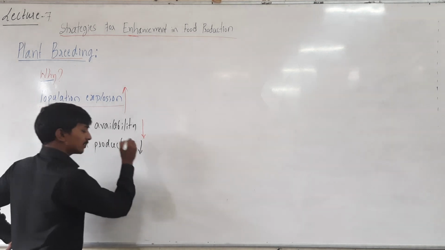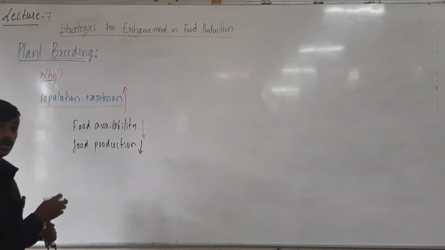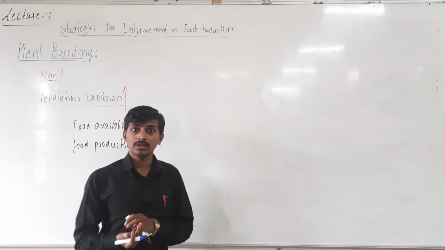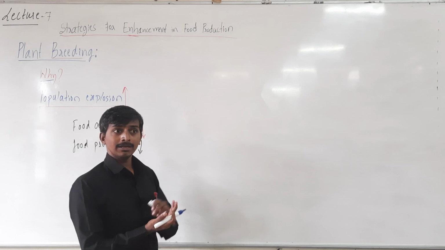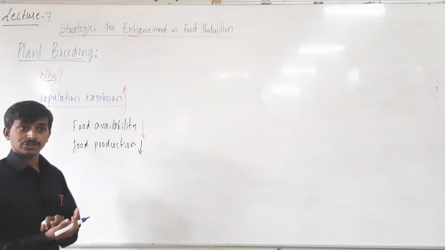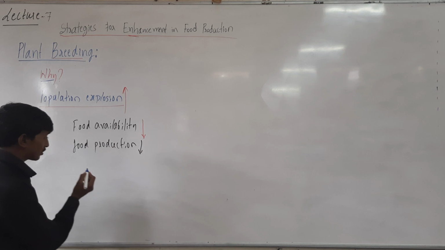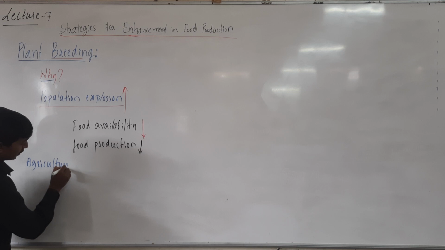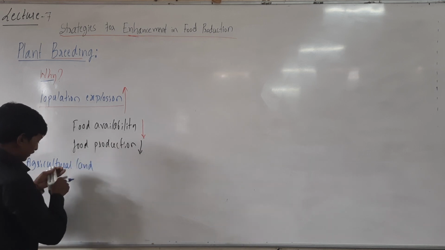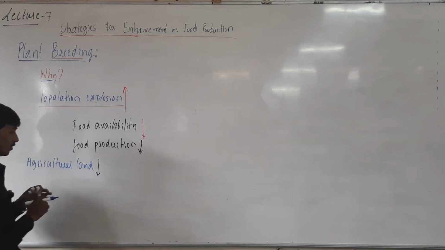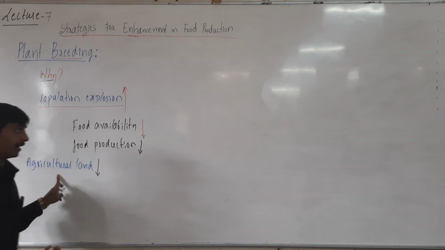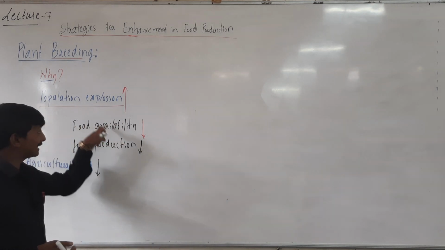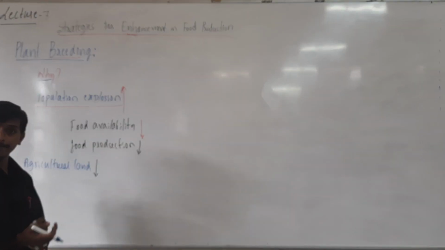Why the decrease in food production? Because of industrialization, constructing industries, constructing new homes, civilization, or many more man-made destructions, the agricultural land is decreasing. Because of the decreasing agricultural land, food production is decreasing. So the food availability for the increasing population is decreasing, right?